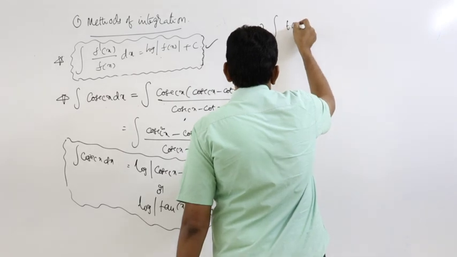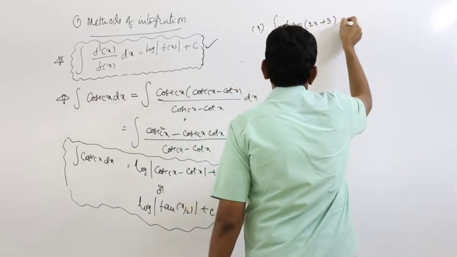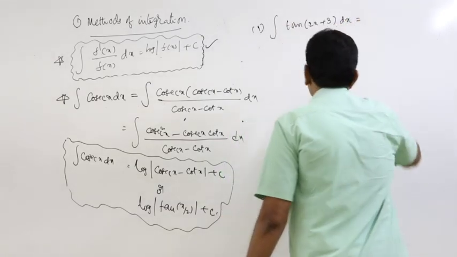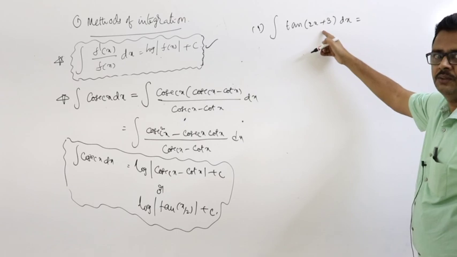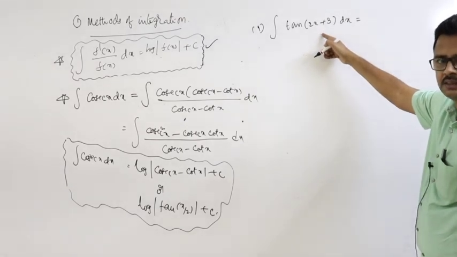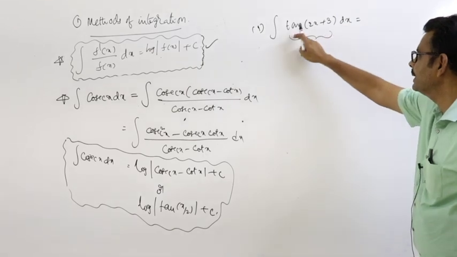Integral of tan of 2x plus 3 dx is equal to, put 2x plus 3 is equal to t, that is one process, or the direct one. This is of the form tan x.